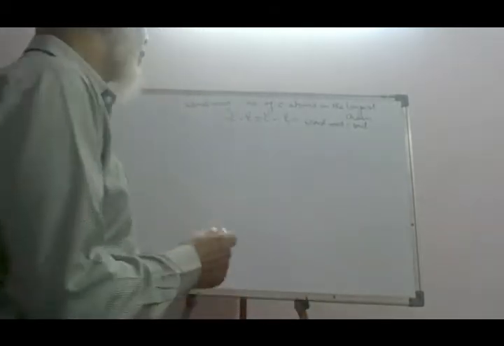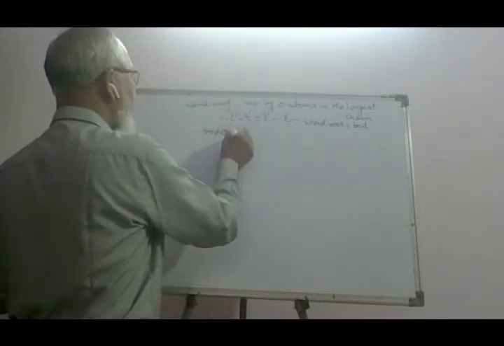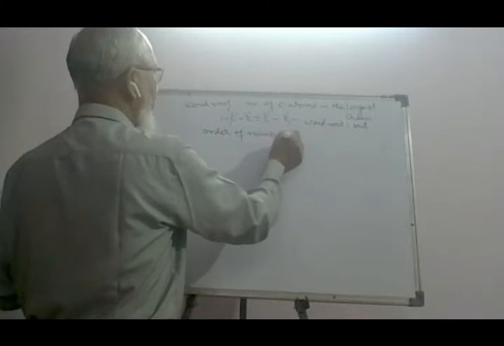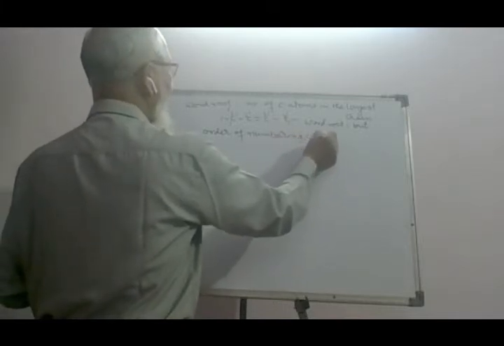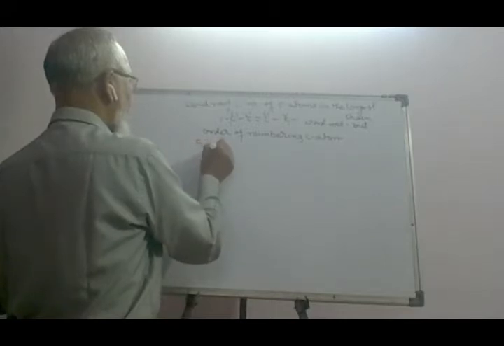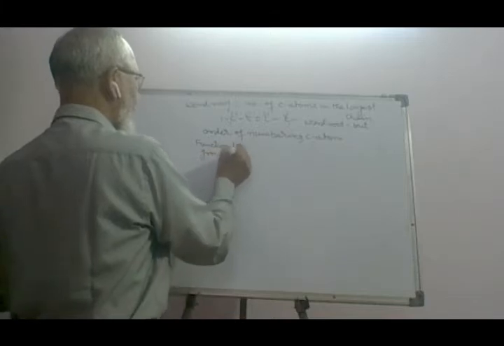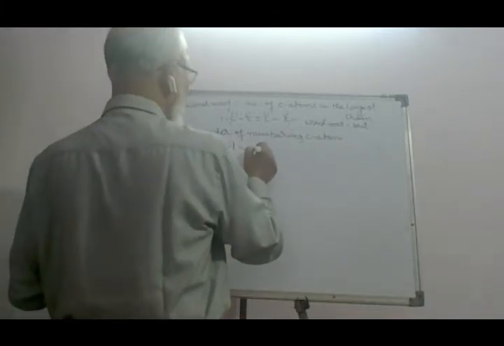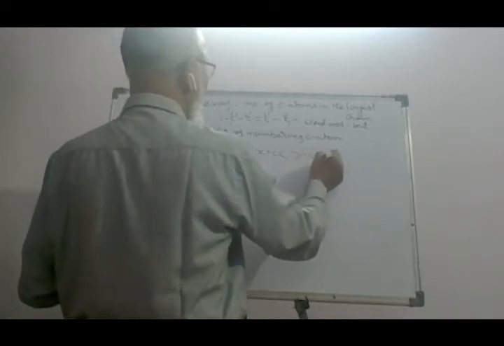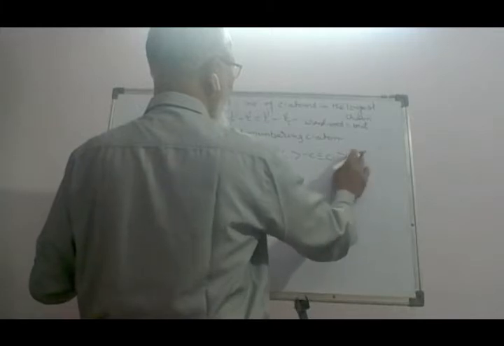and therefore the order of numbering of carbon atoms, or the preferential order, will be like this: functional group, first we number that carbon atom at which the functional group is present, then carbon-carbon double bond, then carbon-carbon triple bond, and then substituent group.